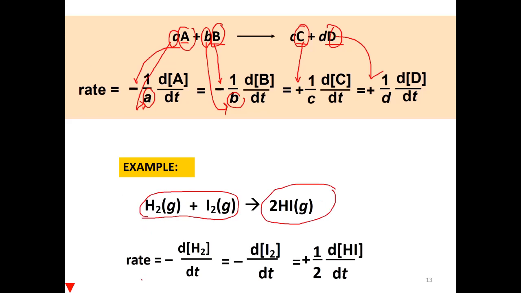So we can write the rate as negative dH2 over dt, the concentration of hydrogen, is equal to negative d of the concentration of iodine, also a reactant, over dt, is equal to 1 over 2, where the 2 comes from the 2 moles of HI.